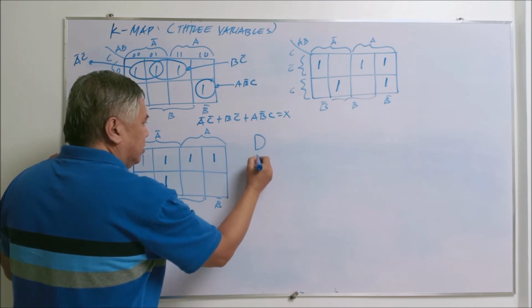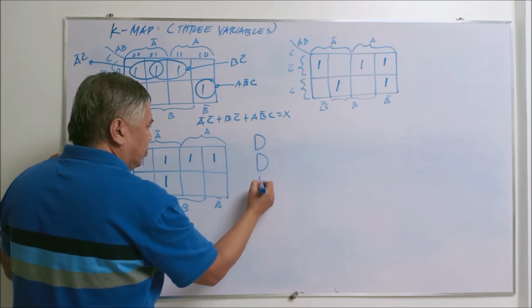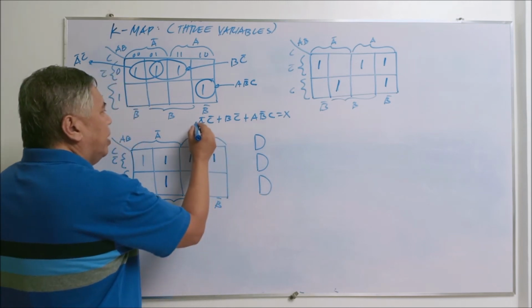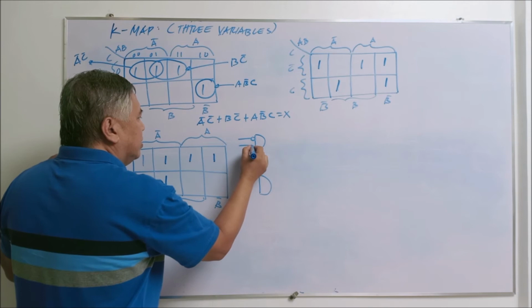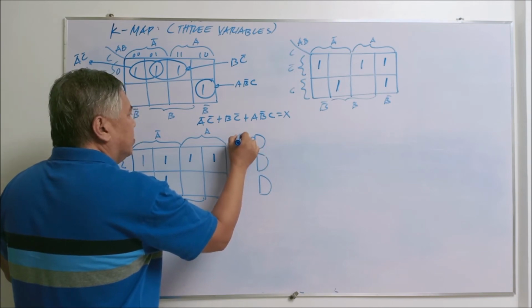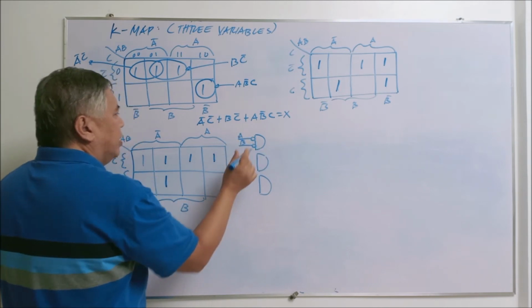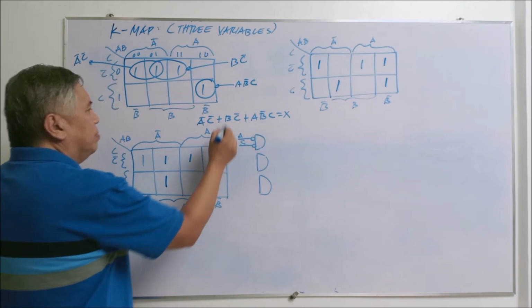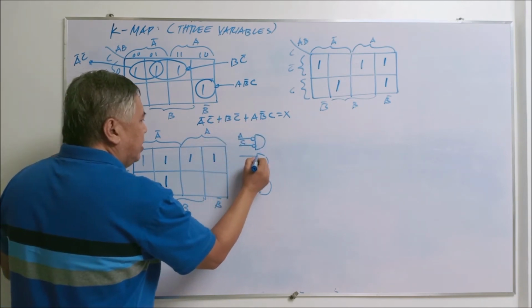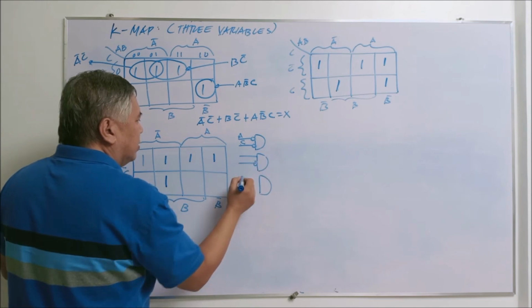1, 2, 3 AND gates. So you have A bar, C bar. Then you have B, C bar.